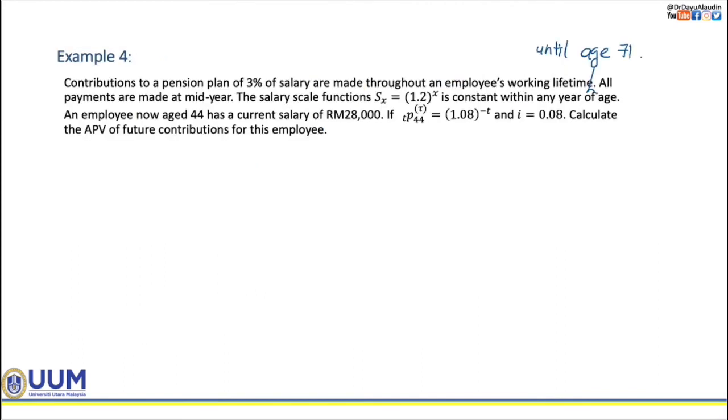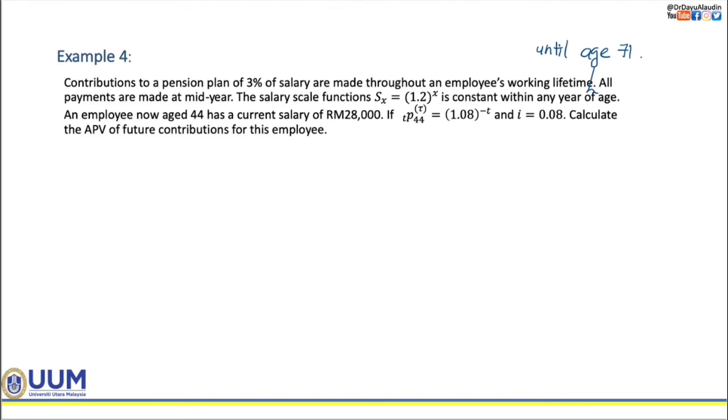So let's try example 4. Contributions to a pension plan of 3% of salary are made throughout an employee's working lifetime until age 71. All payments are made at mid-year.